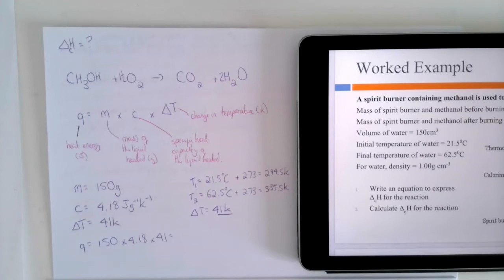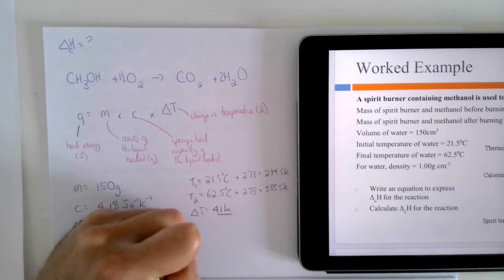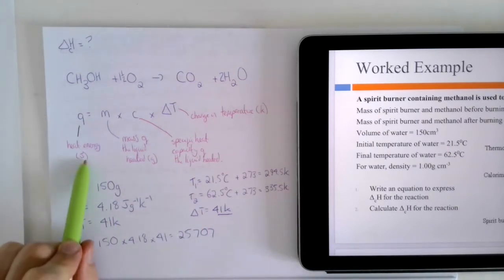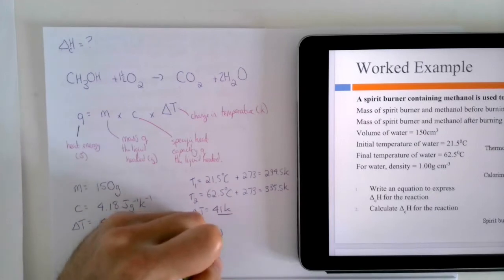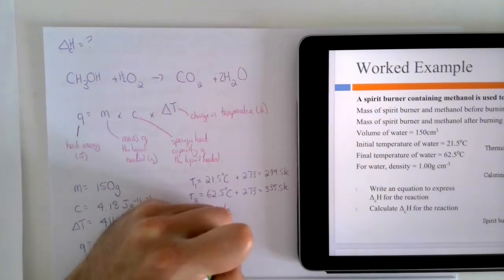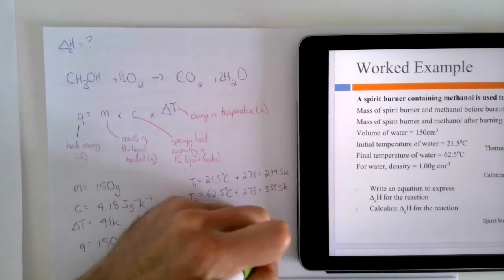So that gives you 25,707, and because we've put the units in properly, we know that the units for Q is joules. If I wanted to convert this into kilojoules, I can divide it by 1,000, so 25.707 kilojoules.